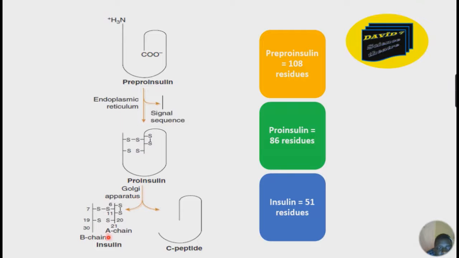So the formed insulin has 51 amino acids, and on residue 7 in the B chain and residue 7 of the A chain, we have a disulfide bridge. We also have a disulfide bridge between residue 19 of the B chain and 20 of the A chain. So that is insulin. Cleave off the signal sequence, cleave off the C-peptide, and you form insulin.